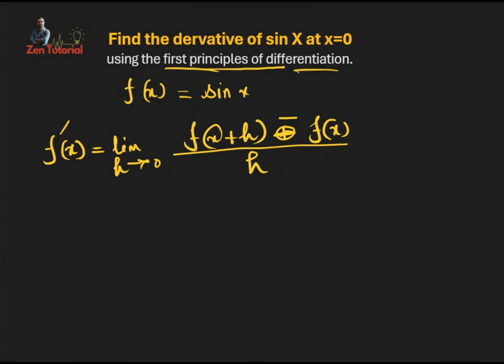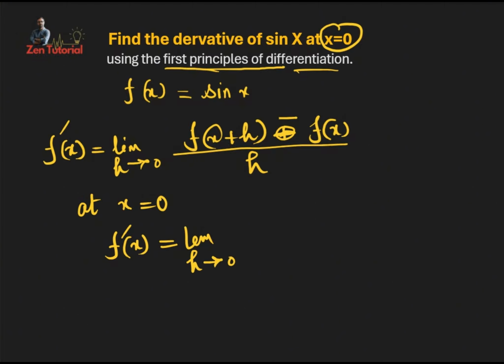Here the condition is x is equal to 0. So at x equals 0, by the first principle of differentiation, f prime of x is equal to limit h tends to 0 of f of, plug in the value of x equals 0, plus h minus f of 0 over h.